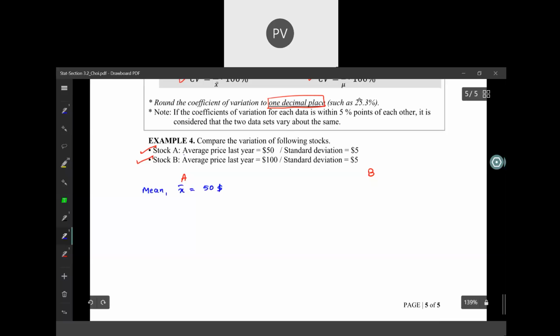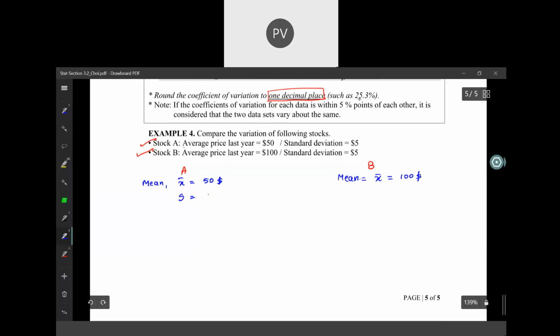In group B, the mean X bar is $100. The standard deviation S is $5 in both. So the standard deviations are the same, but the means are different.